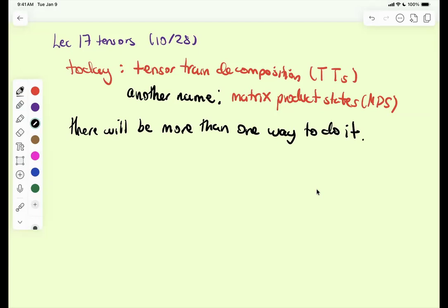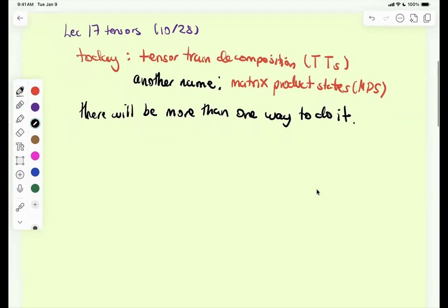But in a nutshell, what's going to happen is that we're going to have a tensor. I'll just verbally say the steps, and then we'll write in some more of the details. The main idea is you start with a tensor, you turn it into a matrix.